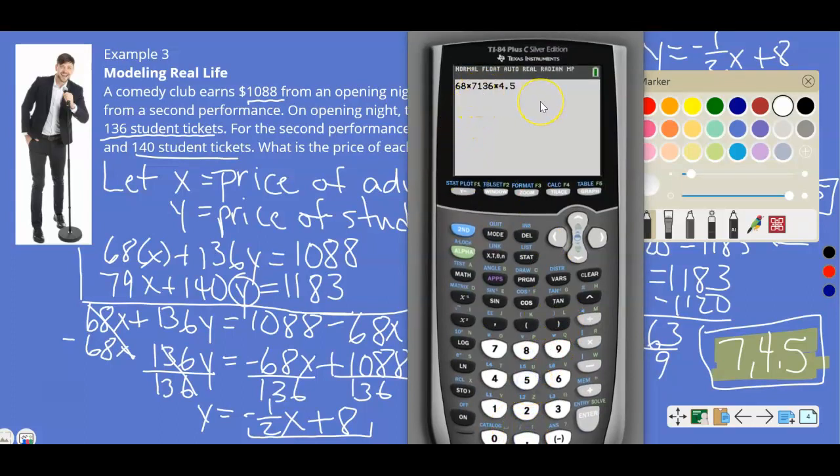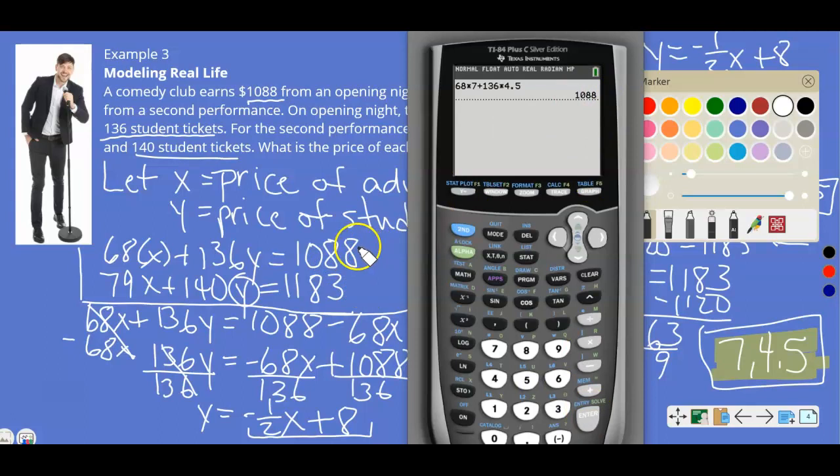Let's see, I typed something in wrong here. Let's hit clear. So 68 times 7 plus 136 times 4.5. Does that equal 1088? It does.